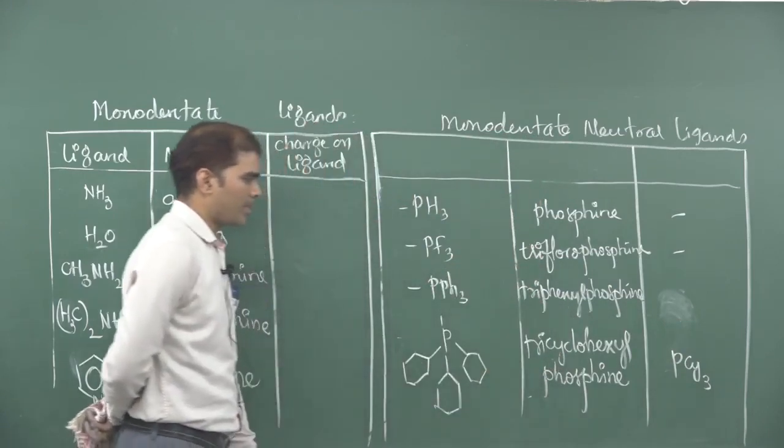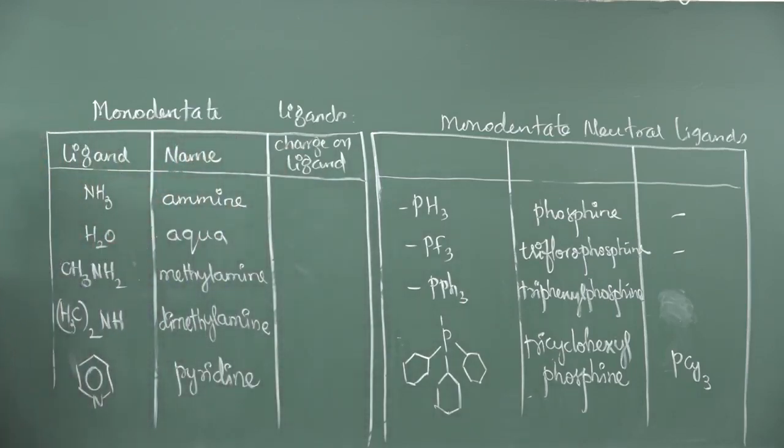It is abbreviated as PCy3, tricyclohexyl phosphine.